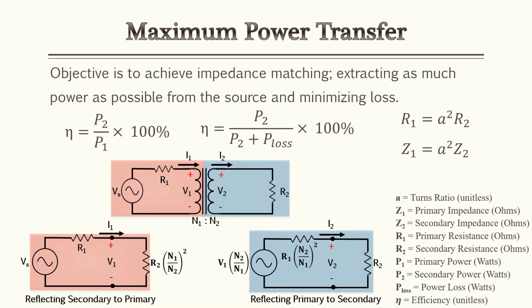When performing your calculations, if you took a meter reading or did your calculations visualized from the red side, it's going to see the load as you see in the bottom left, where it says reflecting from secondary to the primary. If you're doing your calculations or performing your readings based on the secondary side, then you're going to have the blue, which is reflecting primary to secondary. And then we also have the calculations for power loss, which we'll go over more in some of our example problems.